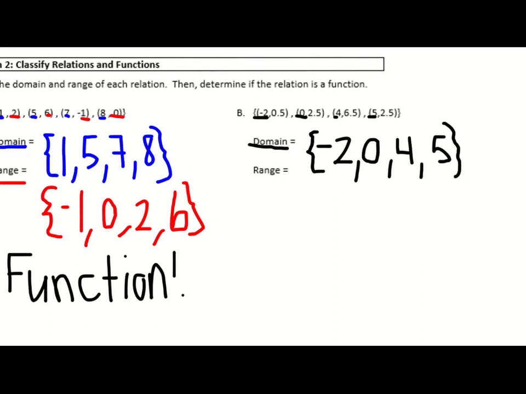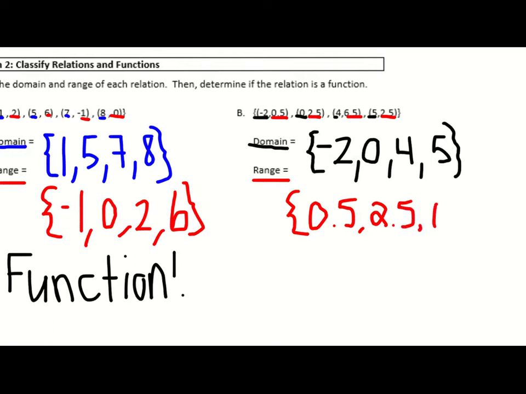And then I need to focus on the range, which would be all the y values. Again, I'm going to keep listing them from least to greatest. So the smallest range value that I had was 0.5. I had two 2.5s, so I'm only going to list it once.